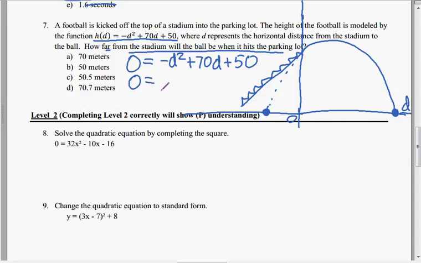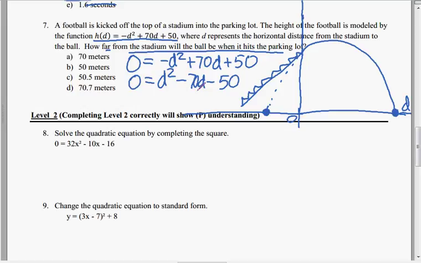If I try to factor d squared minus 70d minus 50, there's no way I can multiply to get 50 and add to get 70. 10 times 5 would give me 50, but that adds up to 15. 50 times 1, I add that up, I get 51. Just no way to get 70.